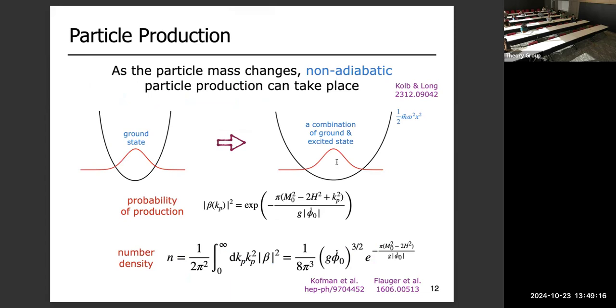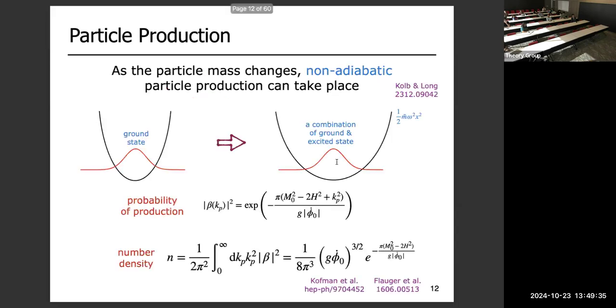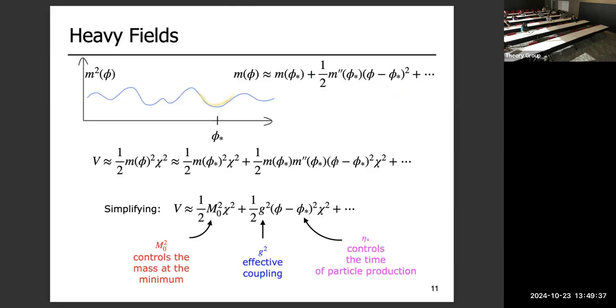All right, so that was mostly about how many of these particles you would produce in a given volume. But now we can ask, let's say you have produced these particles, what do they actually do? This case is interesting because in this particular context, because you have this coupling, you always have a coupling between the inflaton field and the heavy field.